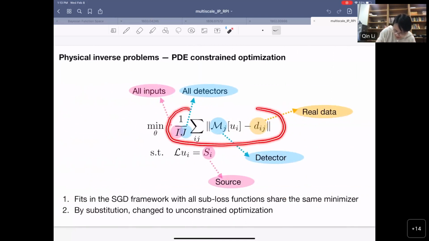If you want to find the minimizer for this PDE constrained optimization, there are millions of algorithms out there. But at the end of the day, all these algorithms need to discuss the conditioning of the objective function. What I'm going to say today, later on, is that the conditioning for some of the problems presented here is very bad, but the conditioning for some other problems is very good.